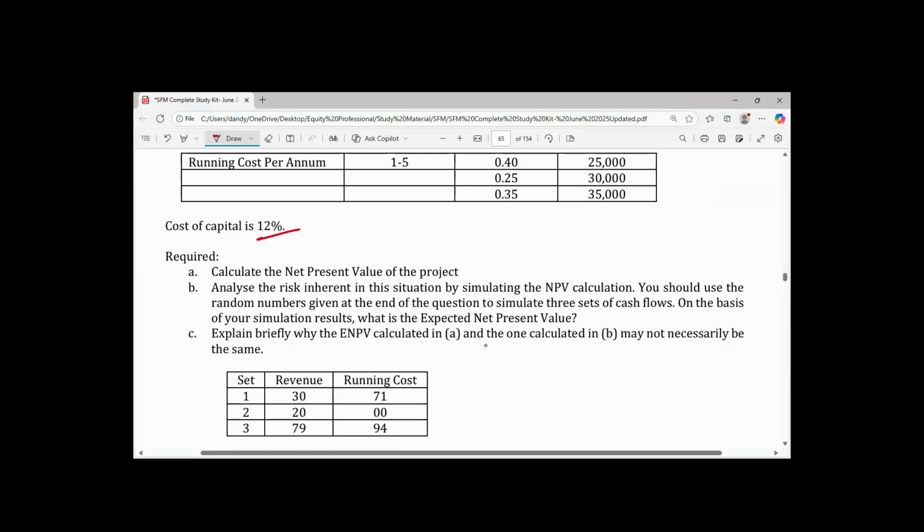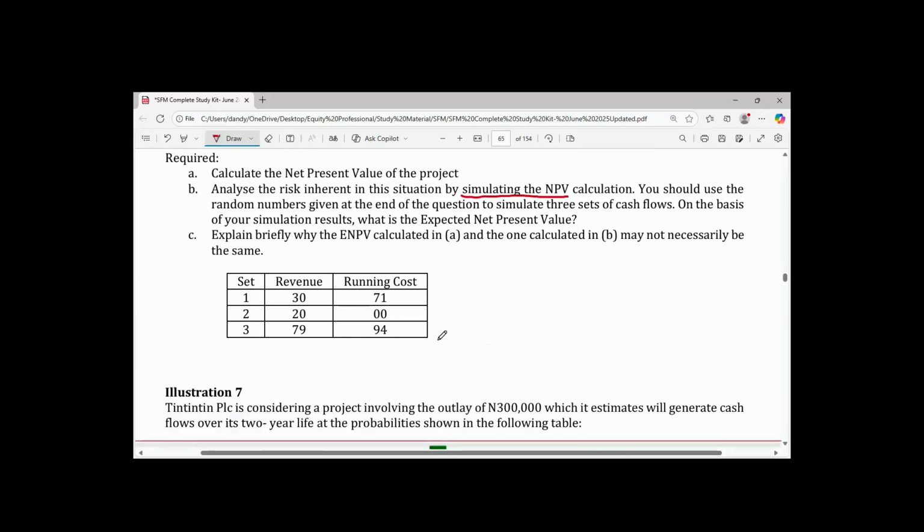You should use the random numbers given at the end of the question to simulate three sets of cash flows. On the basis of your simulation results, what is the expected net present value? C. Explain briefly why the expected net present value calculated in A and the one calculated in B may not necessarily be the same. All right. Thank you very much.